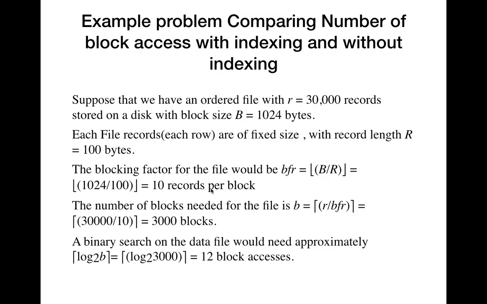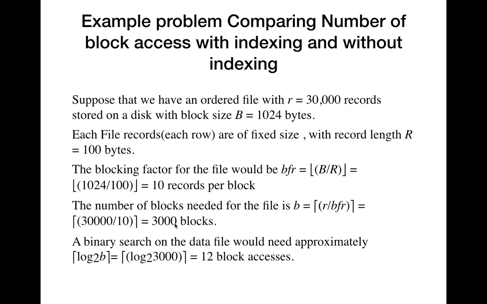So how many such blocks would you require to store the whole 30,000 records? Obviously, it is 30,000 by 10, because 10 records can be stored per block. So 30,000 by 10, 3,000 blocks are required to store 30,000 records. I repeat, 30,000 records are there in total, 10 records can be stored per block, so we require 3,000 blocks to store the whole 30,000 records.